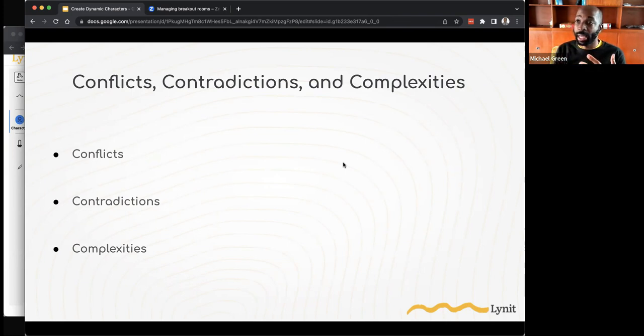So it can be that the character has two conscious needs that are just in conflict. Let's say you have a character whose conscious need is that they just want to become a billionaire, right? They want to work hard and become a billionaire. But they also want to spend time with their family and have a loving family experience.